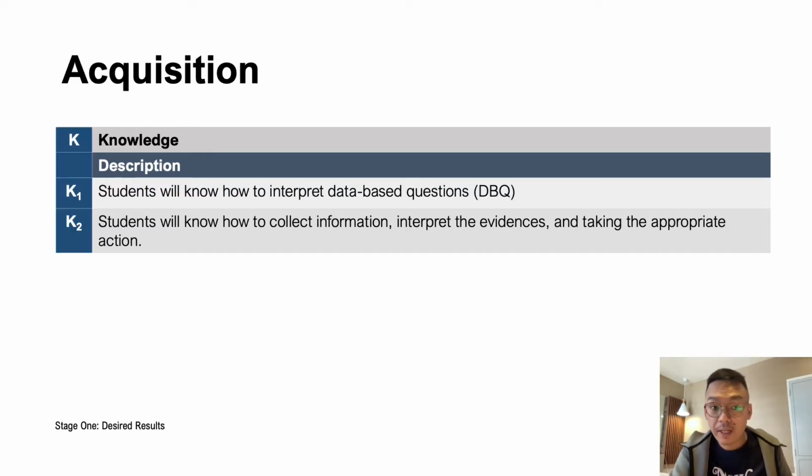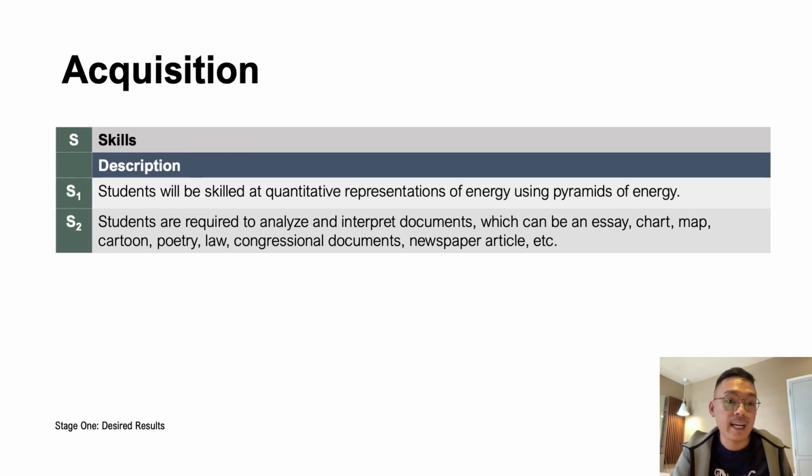To acquire this, they will be able to interpret DBQs or data-based questions, collect information, interpret the evidence, and take appropriate actions. They will also be good at quantitative skills, like representing this energy using the pyramids of energy from that particular food chain.